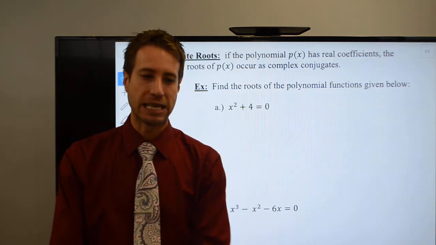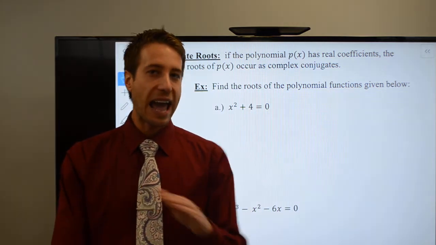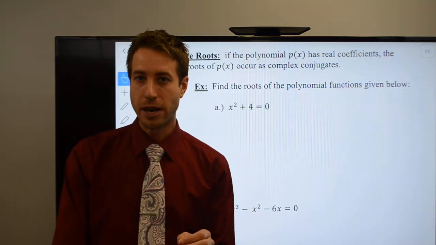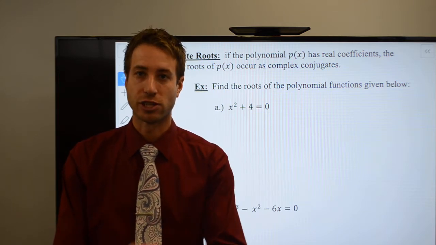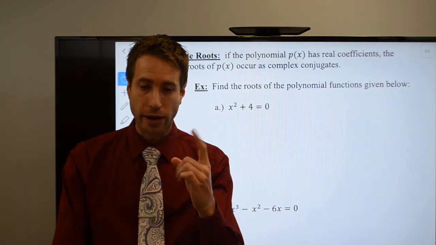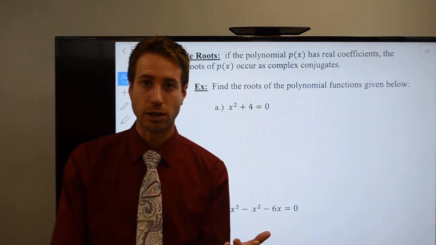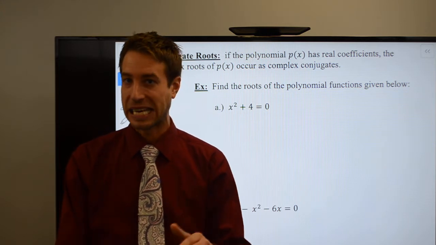And here's what that means. It means that a polynomial will never, ever have an odd number of complex or imaginary solutions. Simply saying, it's not possible to get just one imaginary solution for a polynomial, right? They must come in pairs.